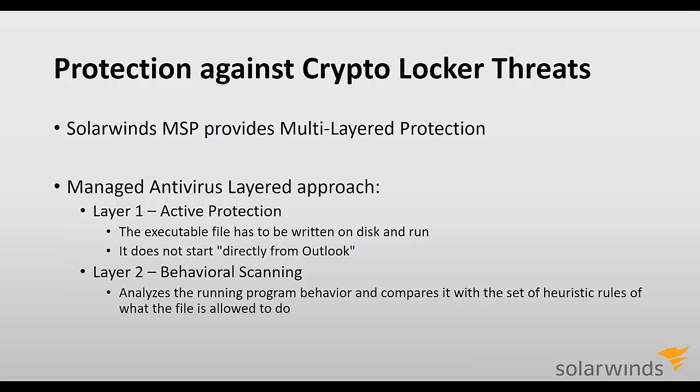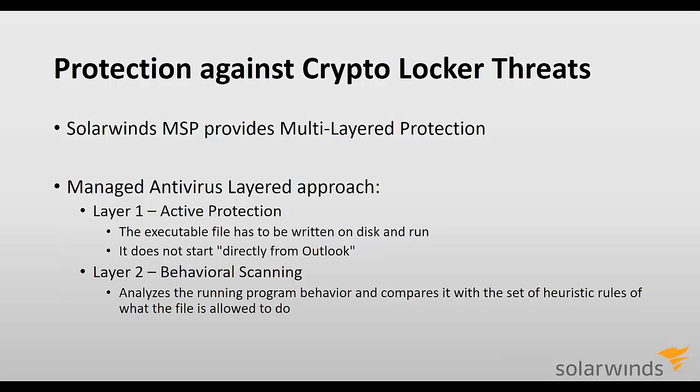And layer two is behavioral scanning. In the rare case when a malware threat is completely new or was modified to pass the engine and a new detection isn't readily available yet, the file would be scanned and allowed to start. In this case, behavioral scanning gets into the game, analyzing the running program's behavior and comparing it with a set of heuristic rules of what the file is allowed to do.